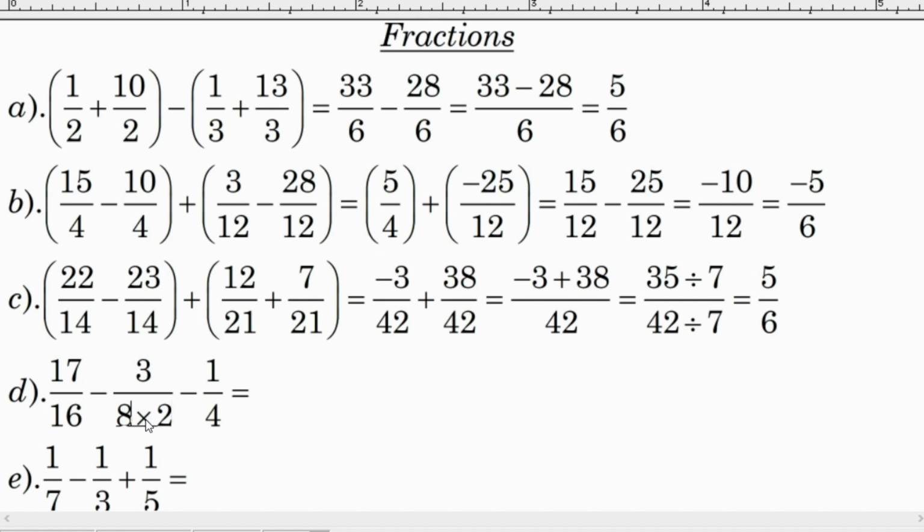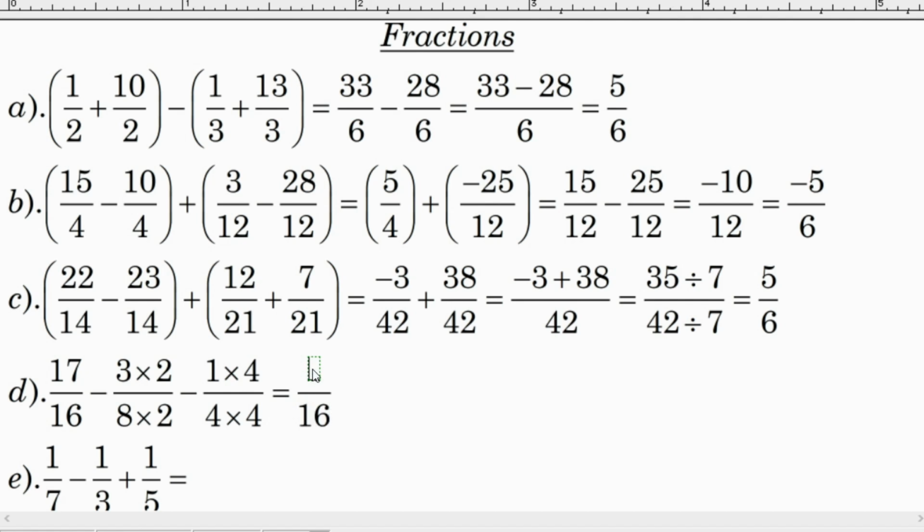And then we also have to multiply 3 with 2. And here is 4, we have to multiply with 4 equal to 16. 1 also multiplies with 4. Okay, so now we have the same denominator, which is equal to 16.